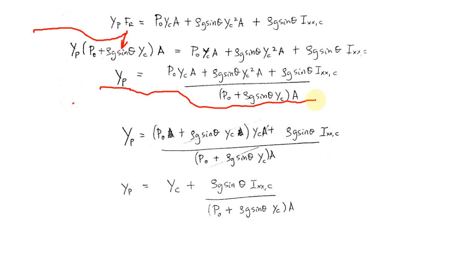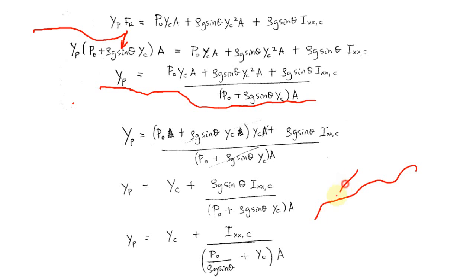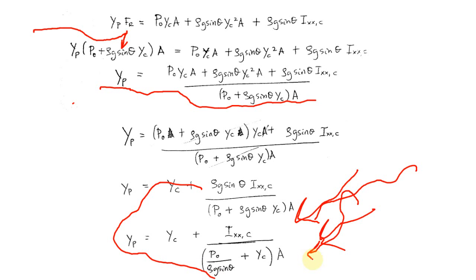And we can go further to simplify this and put it for our purpose. If you divide the numerator and the denominator by rho g sine theta, then you will have this final term.